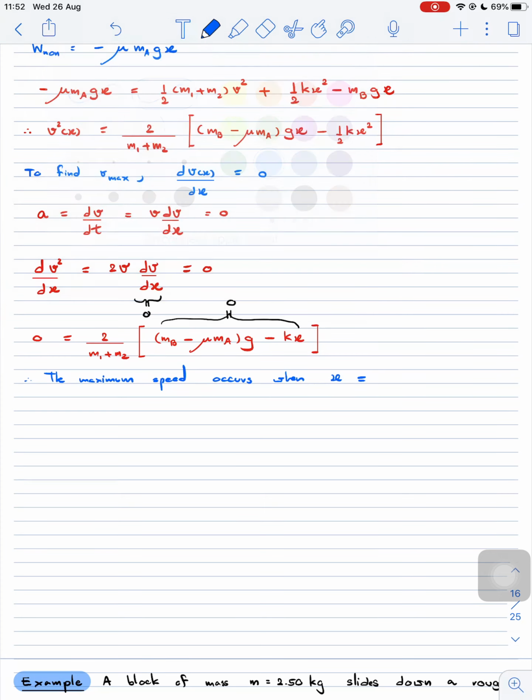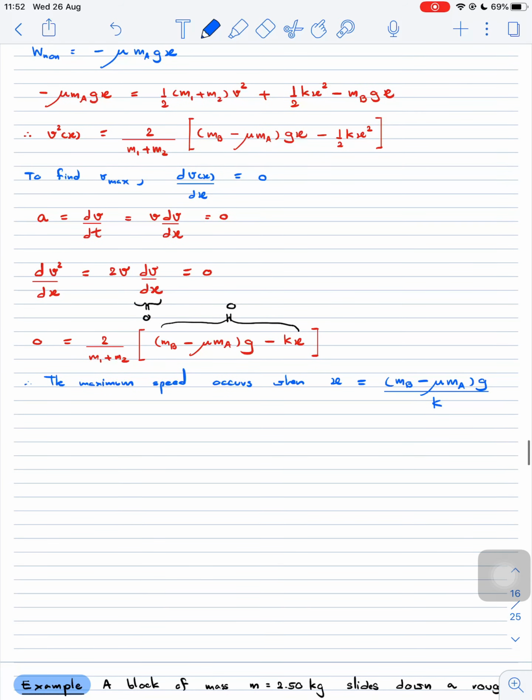Then you will get that the x must be equal to the mb minus the mu times the ma, and then times g, and then over the k, and that's it. This is going to be the position where we get the maximum speed of the two blocks.